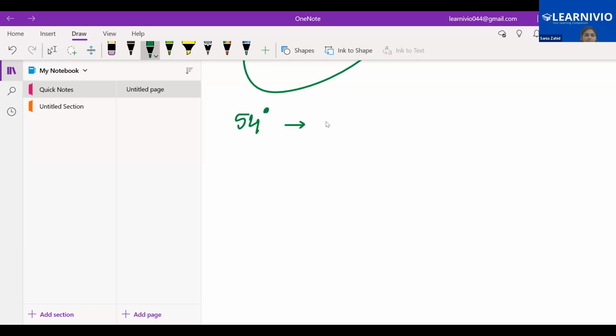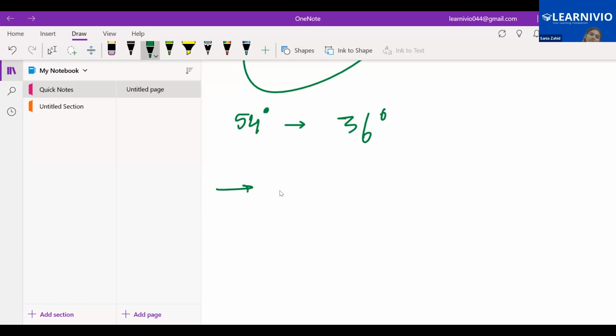One minute, ma'am. 36 degree. Okay, that's good. So do you all know what is the meaning of complementary angles now? Yes, ma'am. Okay, very nice.